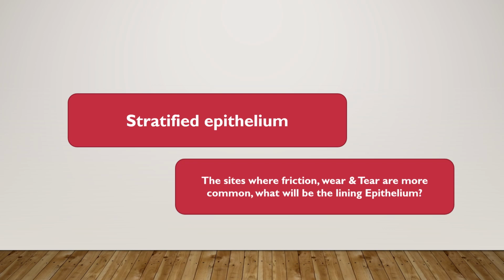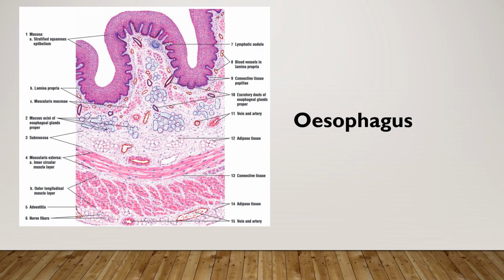Stratified means multiple layers of cells will be there. If you take your esophagus, the lining epithelium of esophagus is non-keratinized stratified squamous epithelium. Already we studied that stratified squamous epithelium has two types, keratinized and non-keratinized. Here what we have is non-keratinized stratified squamous epithelium, important for MCQ.